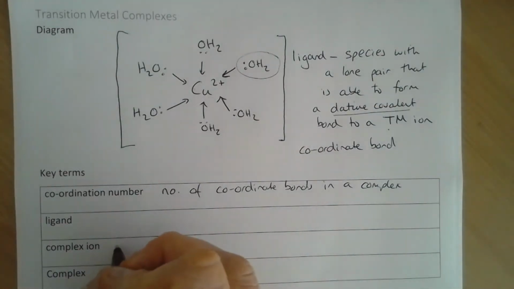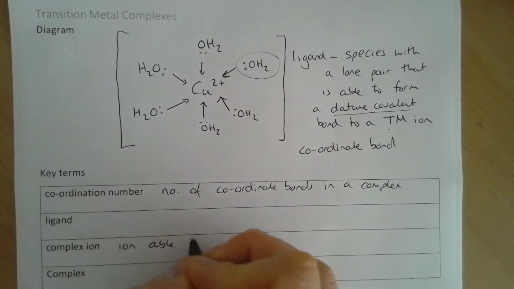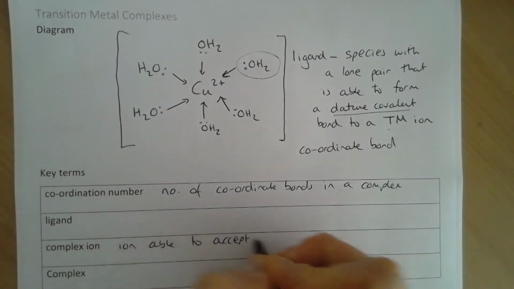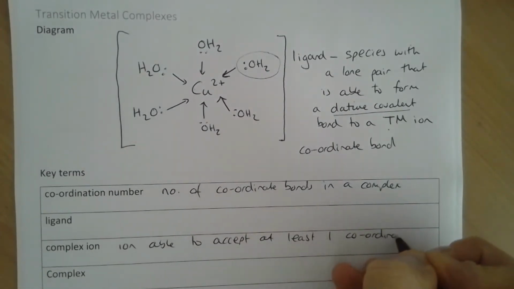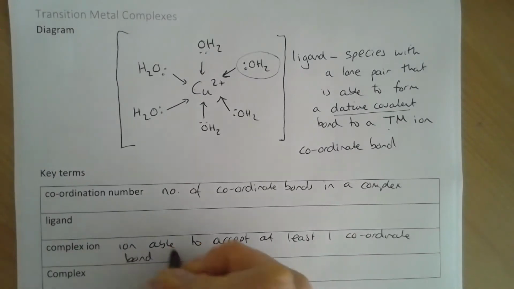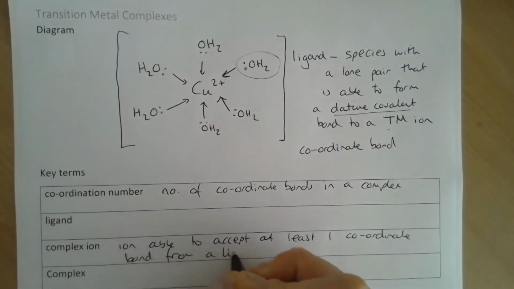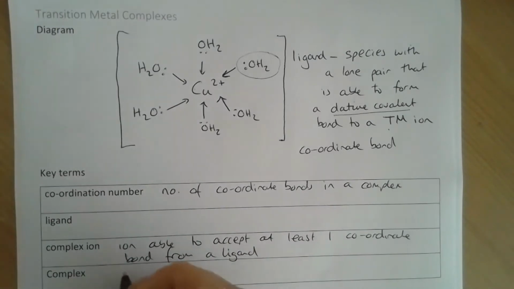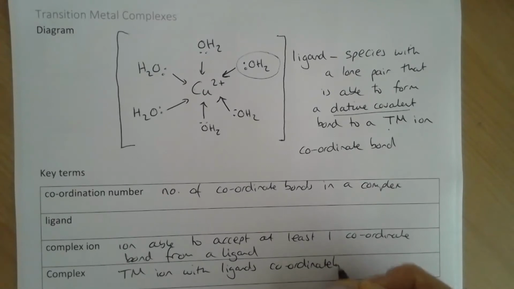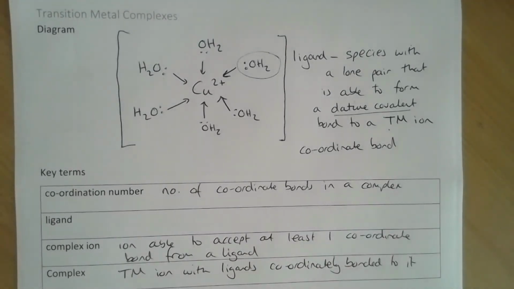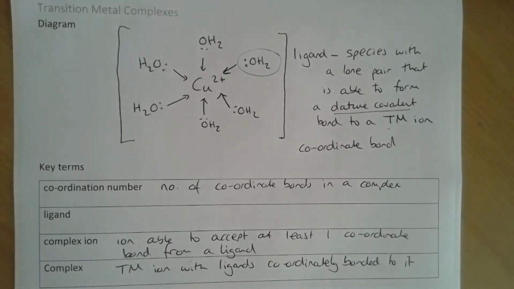A complex ion is an ion able to accept at least one coordinate bond from a ligand, and then complex is going to be a transition metal ion with ligands coordinately bonded to it. So that's introduced the idea of what a transition metal complex is.